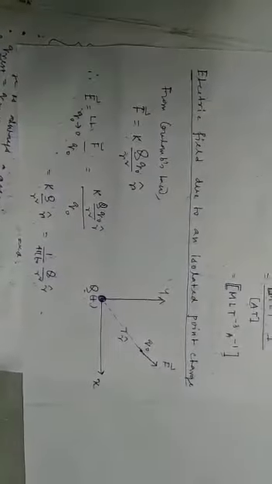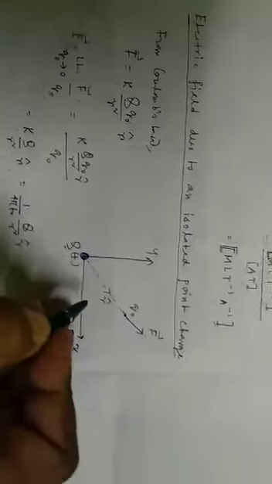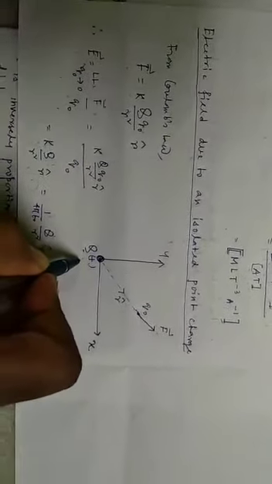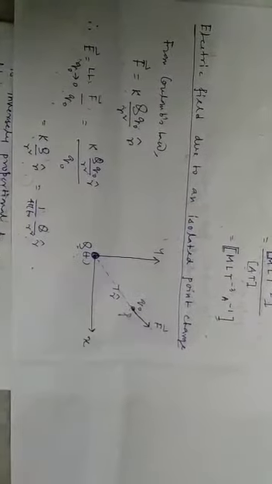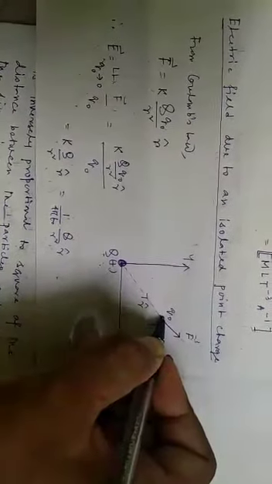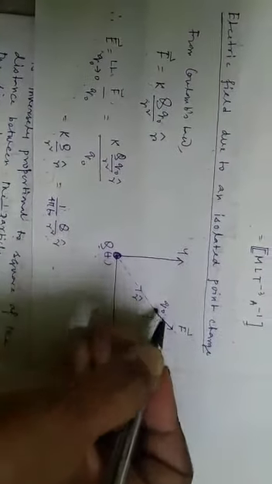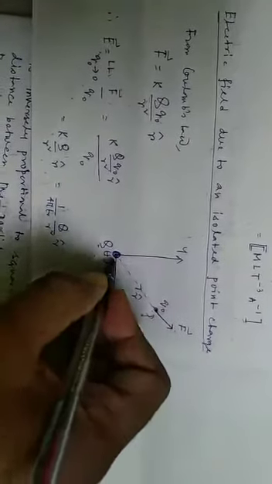Now we'll find out electric field due to an isolated point charge. To calculate, we consider here a coordinate XY axis, and at the origin we put a positive capital Q charge particle, and we want to find out the intensity of electric field, suppose at a point P. So to find the electric field, here we put a trace charge Q naught, whose value is very small in comparison with this.